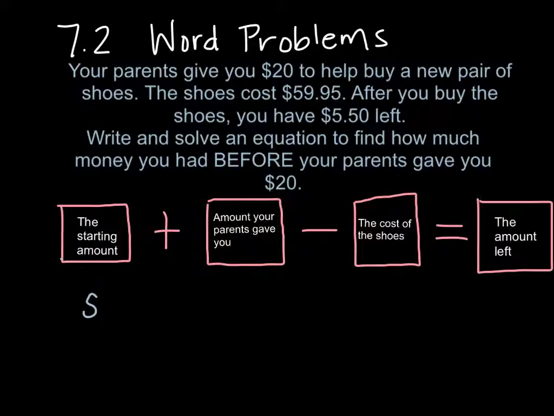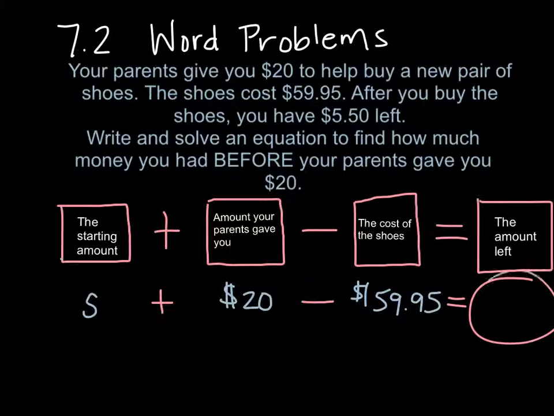So we have our starting amount plus, what's the amount our parents gave us? Well, they gave us $20, right? And then we subtract the amount that the shoes cost. How much do the shoes cost? Looking back up there, $59.95. And that's going to equal the amount we have left.